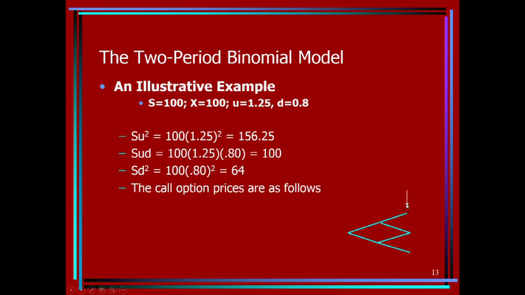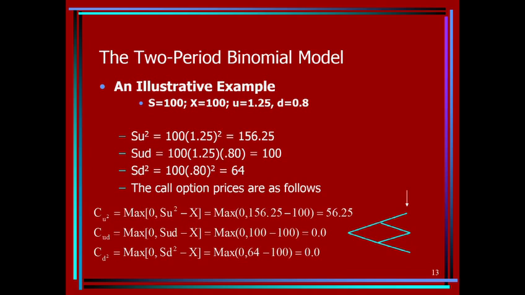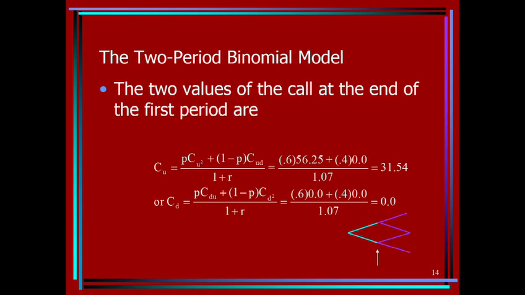Now that you know the value of your underlying at the end of T2, you can calculate the value of your call at this period as well, because it is simply the intrinsic value or 0, right? Depending on whether it's in or out of the money. Okay? And then you discount it using the binomial formula to calculate the value at T1. Any question?